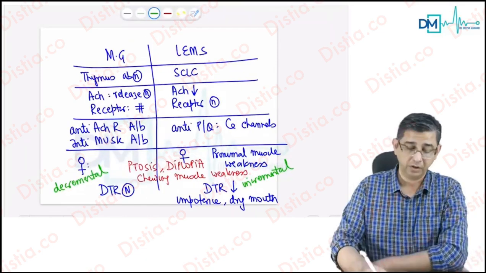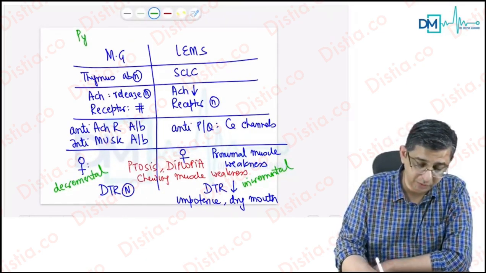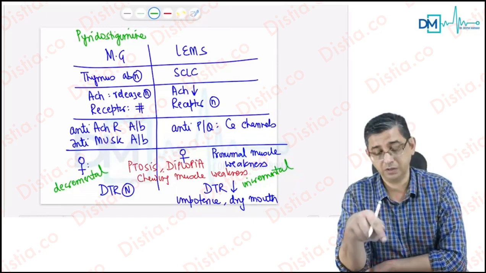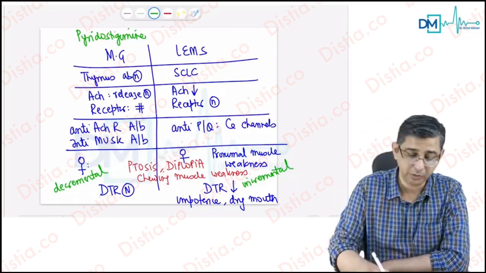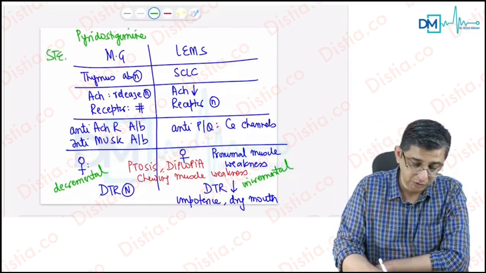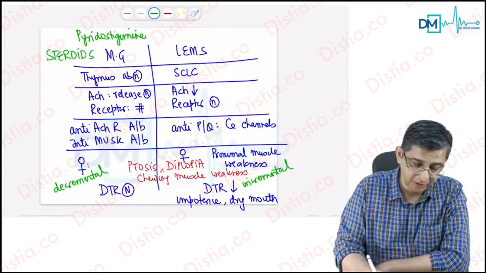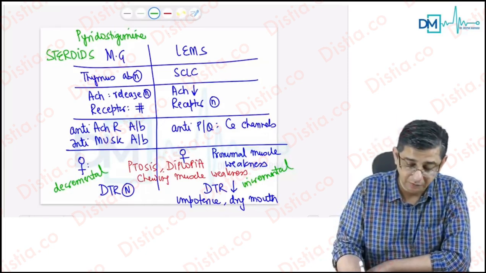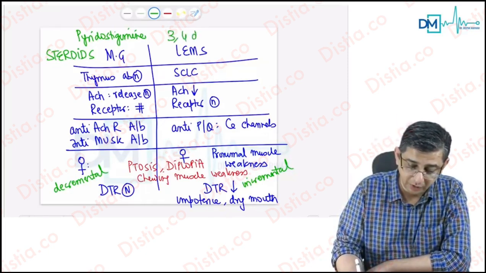For the left hand side, the drug of choice should be answered as pyridostigmine, followed by thymectomy if it is generalized myasthenia gravis, or we will have to go for immunosuppression. So usage of steroids is valid for the left hand side, but in Lambert-Eaton syndrome we are not using steroids. We are rather using 3,4-diaminopyridine.